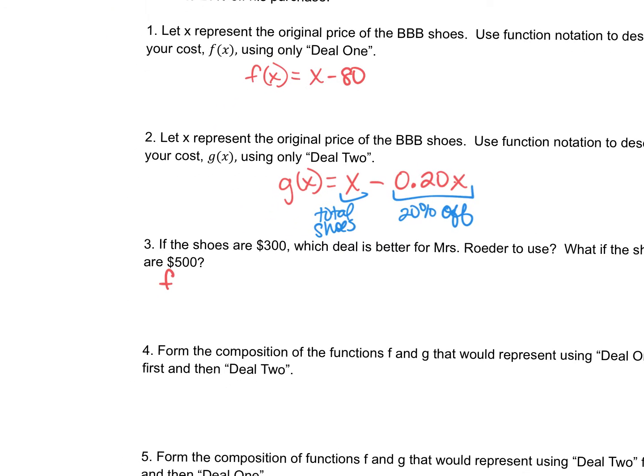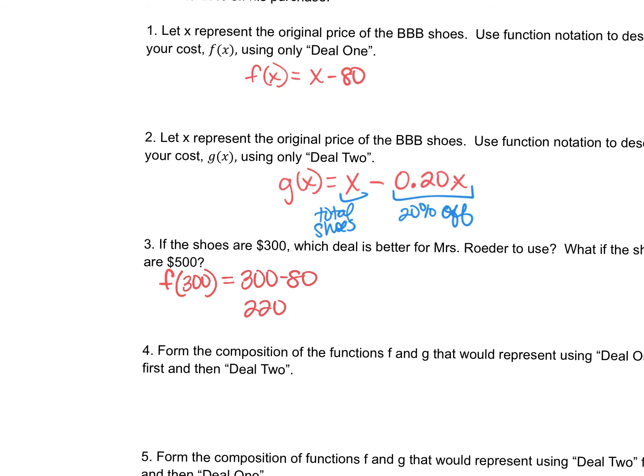I'm going to plug it into both equations. Instead of F of X, I'm going to put F of 300. This is the mathematical way to write it, which means you are plugging 300 into the equation. So F of 300 would be 300 minus 80, which would be 220.